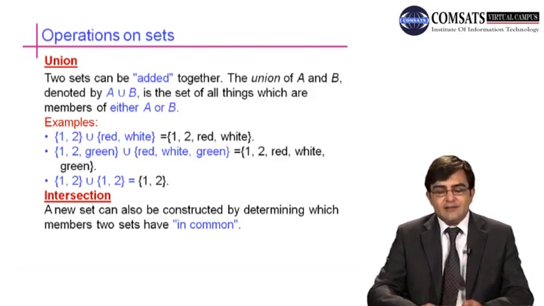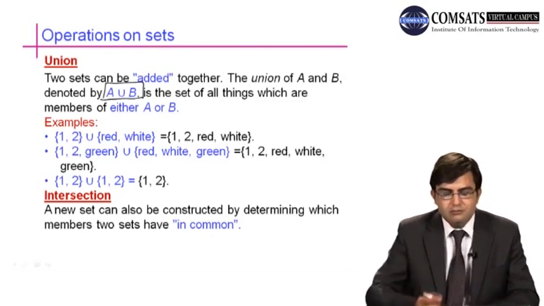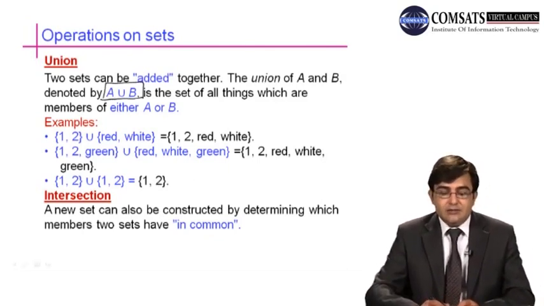If we have two sets, capital A and capital B, which contain distinct and well-defined objects, how do we take the union of two sets? The union of two sets is denoted by A union B. I think you all should already know this.